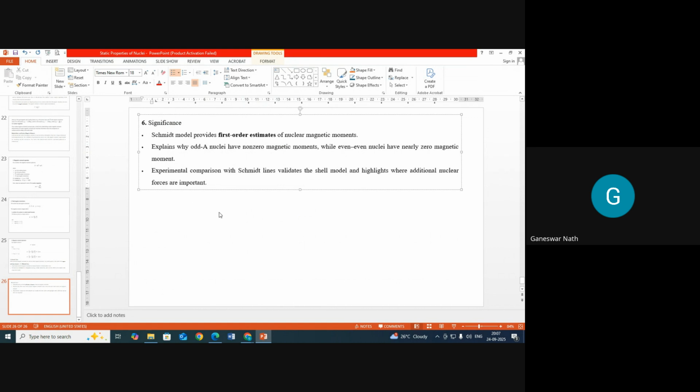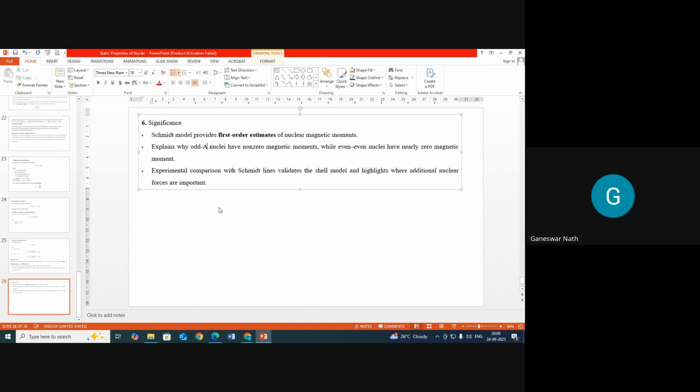So, in summary, the Schmidt lines have great significance in explaining the shell model and the different angular momenta, like orbital, spin, and total angular momentum, which is not actually explained by the liquid drop model.